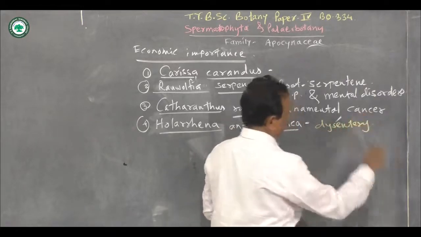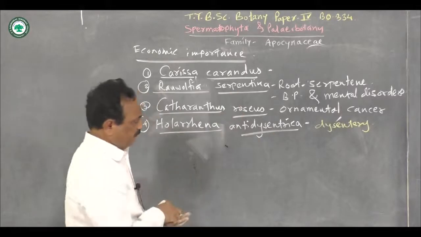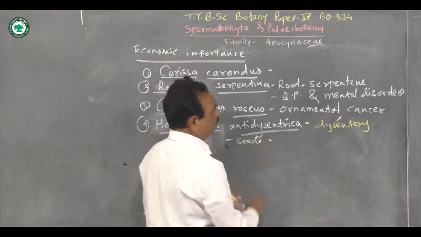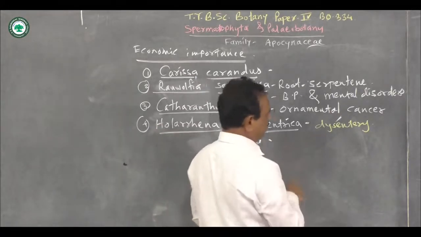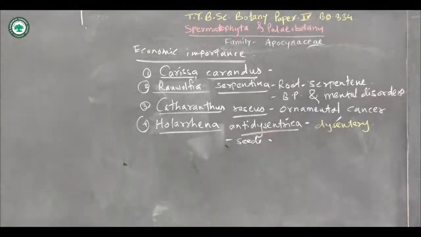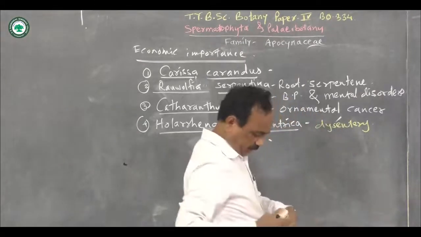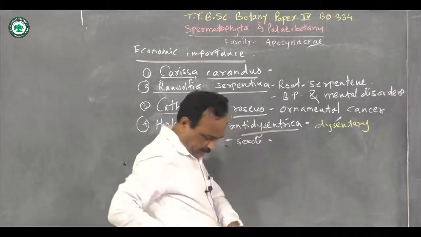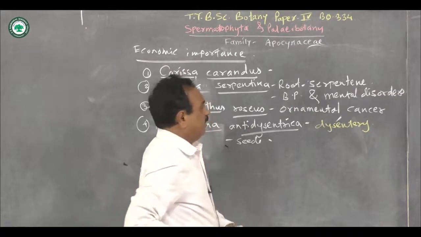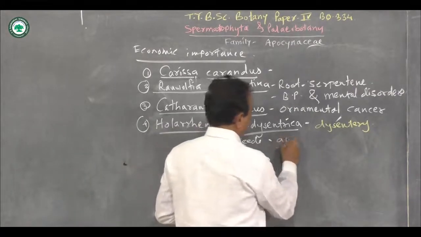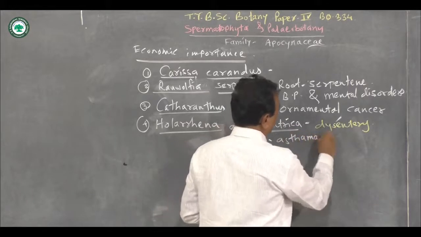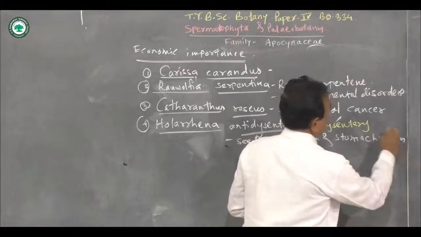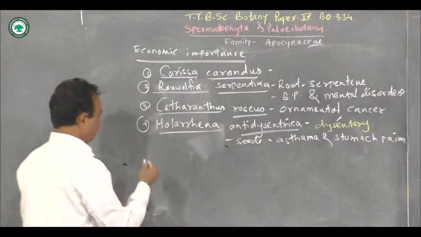So to cure dysentery, the bark of this plant is used, and seeds are used in asthma and also in stomach pains. So it is majorly very important. Seeds are also majorly important.